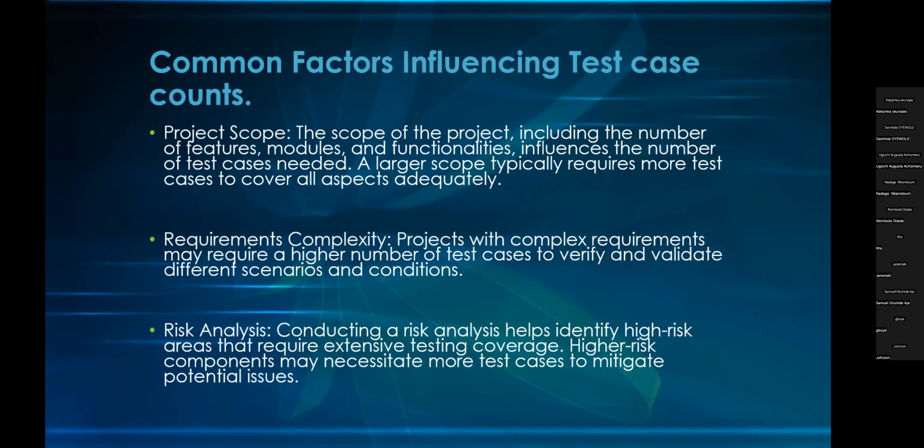So the common factors influencing test cases can also be project scope. The scope of the project, including the number of features, modules, and functionalities, influences the number of test cases needed. A larger scope typically requires more test cases to cover all aspects adequately.